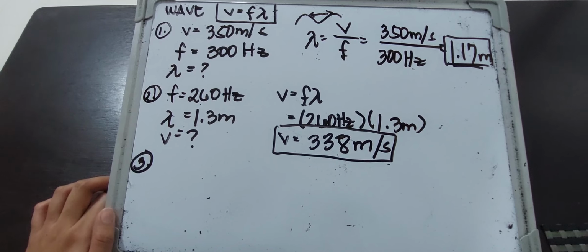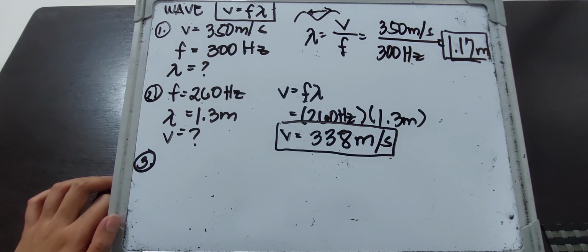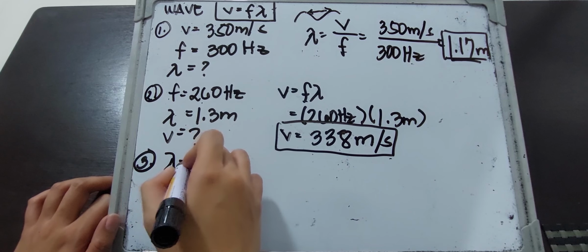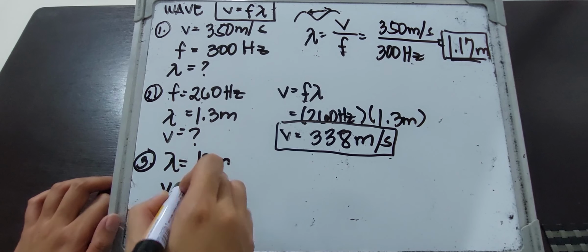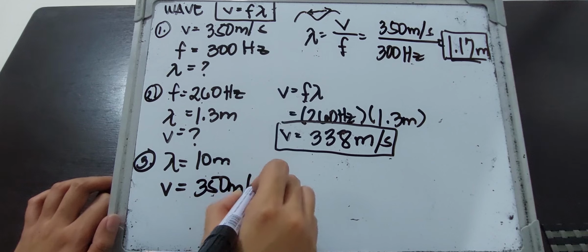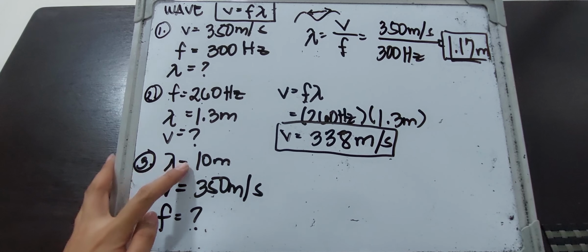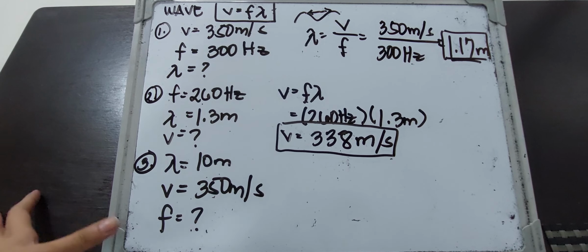So, third example doon sa ating PowerPoint ay determine the frequency of a sound wave if its wavelength is 10 meters and travels with a velocity or speed of 350 meters per second. So, ano daw naman yung frequency ng sound wave if its wavelength is 10 meters and it is traveling at 350 meters per second?